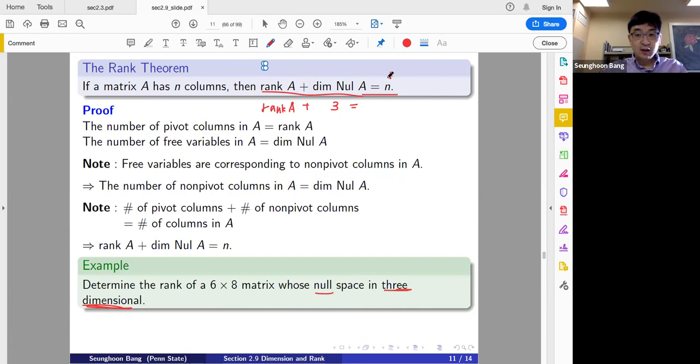What is n? n is the number of columns of matrix A. What is 6? This is the number of rows, and this is the number of columns, so we have 8 columns. You can subtract 3 from both sides, and the rank of A is 5. That's it. This is the final answer for this problem.